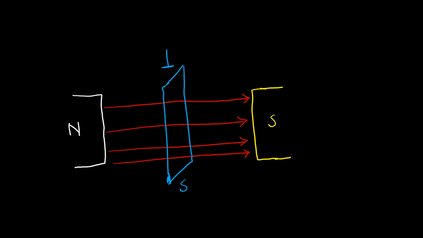The number of magnetic field lines passing through this surface will be the magnetic flux.